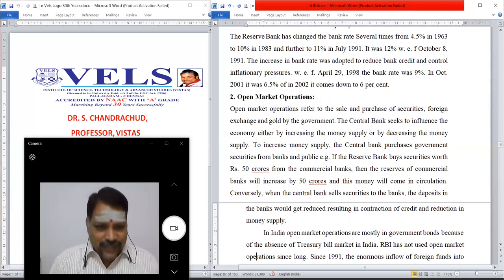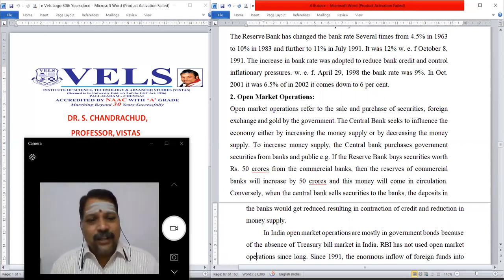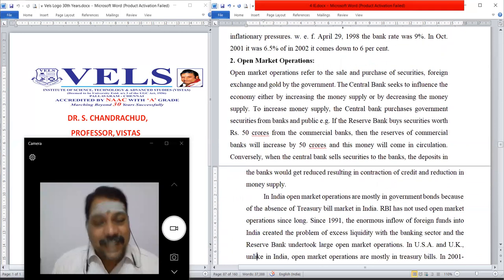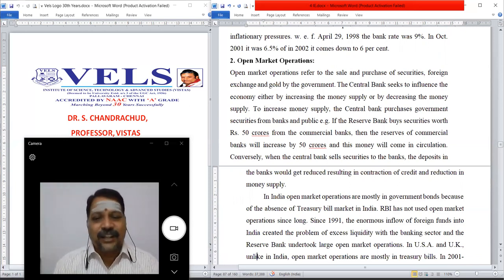For example, if the Reserve Bank buys a security worth 50 crores from a commercial bank, then the commercial bank's reserves will increase by 50 crores, and this money will come into circulation. Conversely, when the central bank sells securities to the bank, the deposits of the bank would be reduced, resulting in contraction of credit and reduction of money supply. So this is the way the open market operation takes place.